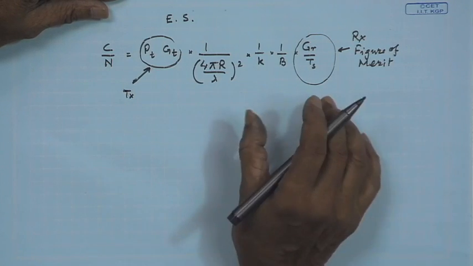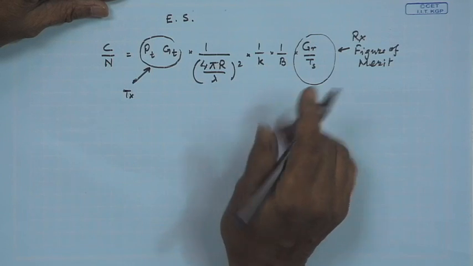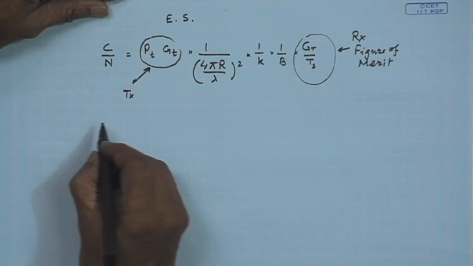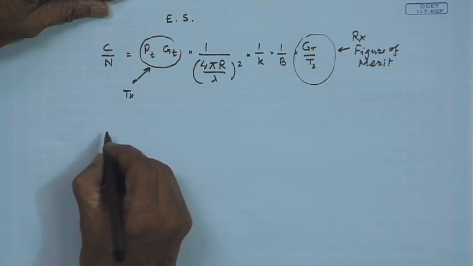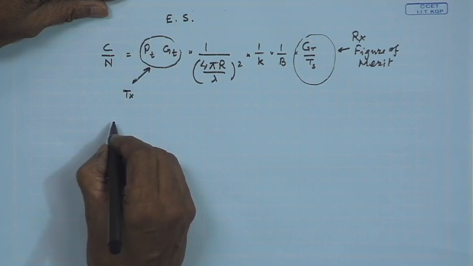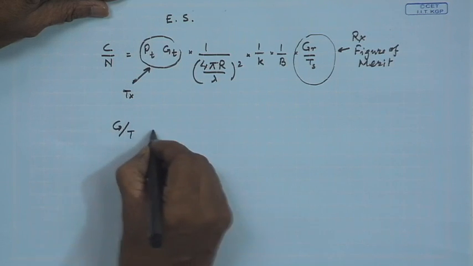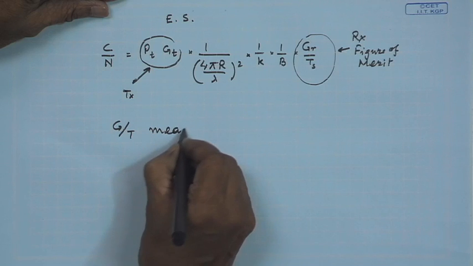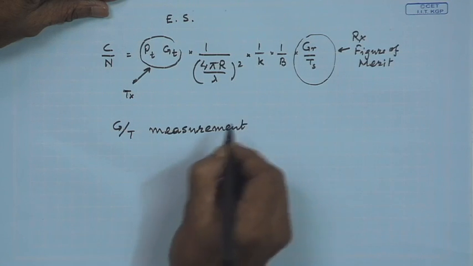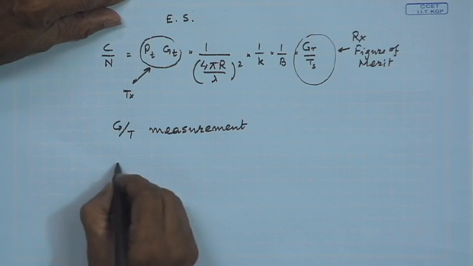Now, to know the performance of the station, we must know how we measure this thing. So, let us go into a topic which is called G by T, that is, what is G by T?